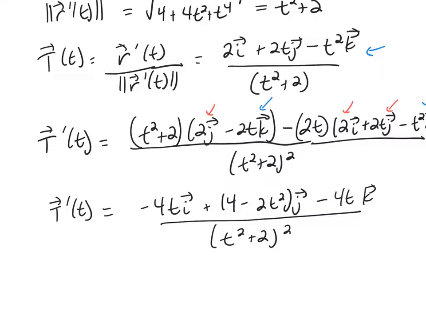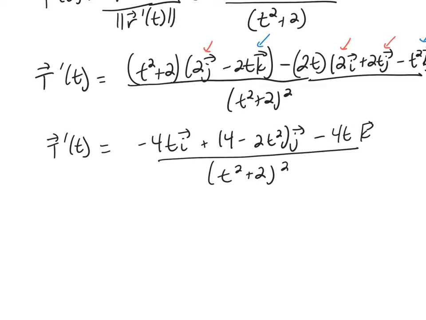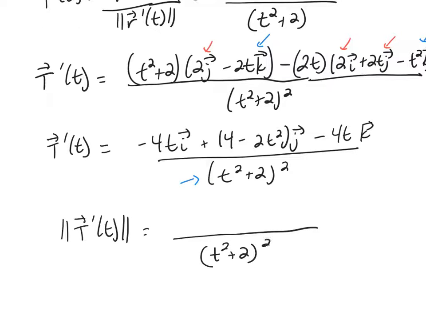But I need the magnitude of this vector. So when you find the magnitude of this vector, this denominator here, this is being squared, so I know it's positive. I can leave it out of the square root then. t squared plus 2 squared. And then it'll be the square root.